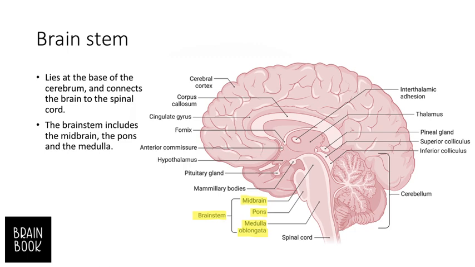Brain stem is the part of the brain that lies at the base of the cerebellum, okay, and connects the brain to the spinal cord. And it includes three main parts, including the midbrain here, the pons here, and the medulla oblongata here. These three parts totally form the brain stem.